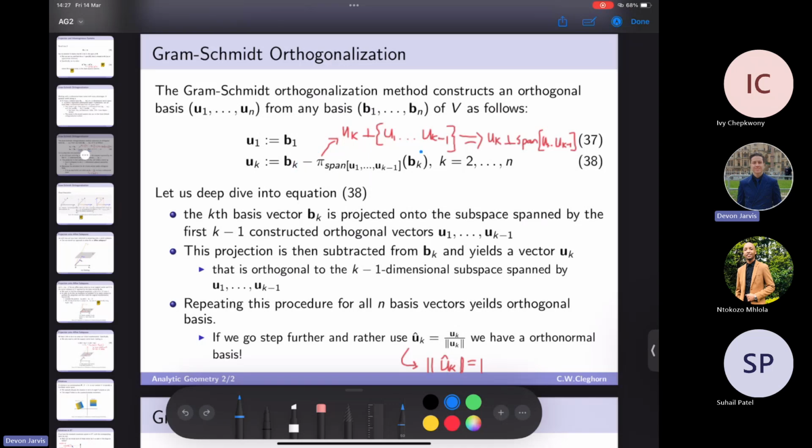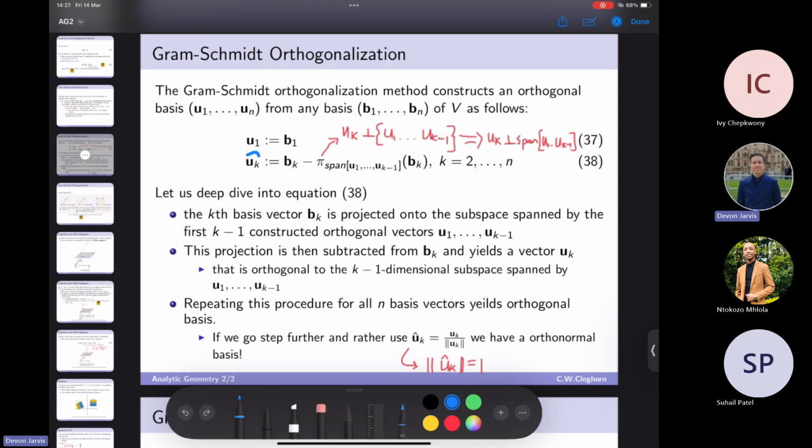I'm going to now take my new vector Bk, my new kind of non-orthogonal basis vector. I'm going to project it with pi. Again, that's the notation we have for projections. I'm going to project it onto the span of all the previous orthonormal basis vectors I've just constructed. Okay, and then I'm going to remove that from Bk. I'm going to remove it from itself.